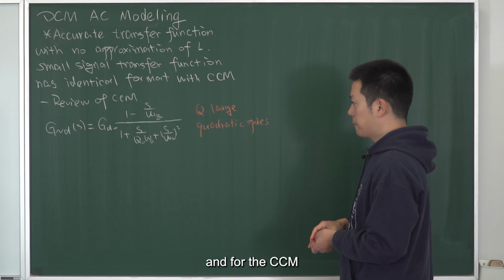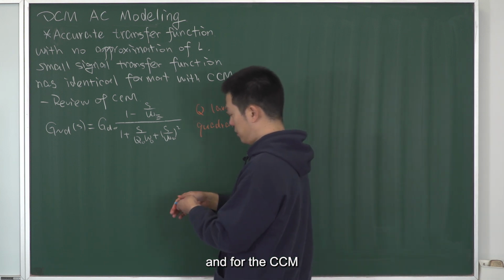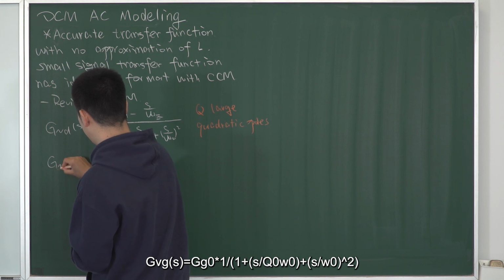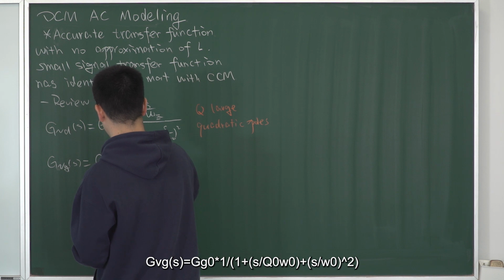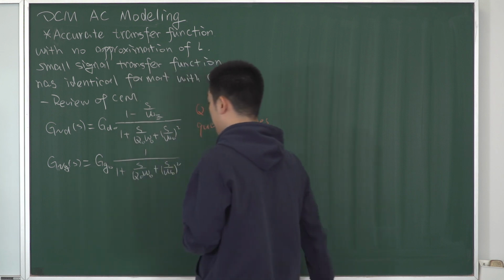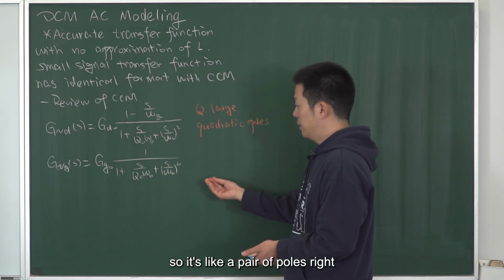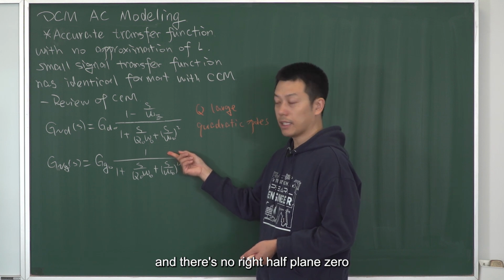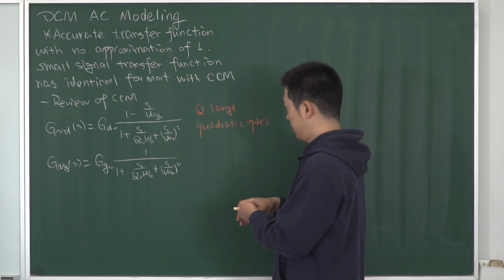And for the CCM, GVG equals GG0 times 1 over 1 plus... So it's like a pair of poles, right? And there is no right half plane 0.